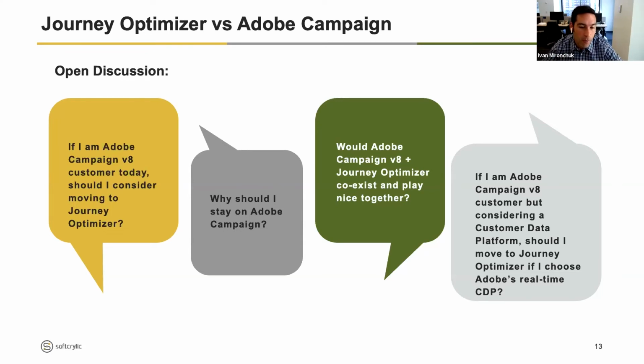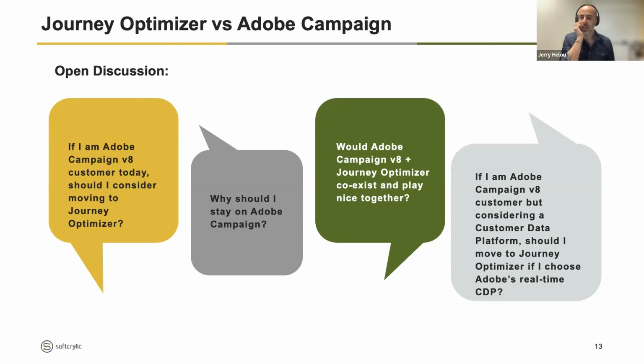Really, what it comes down to is, if you are looking to go beyond what you can do within Campaign V8 and you want to start hitting some real-time use cases, there's definitely a path for you to use both solutions together. I want to handle all of my batch campaigns through V8, and I want to start to explore some real-time use cases through Journey Optimizer, and that's definitely something we have customers doing today.